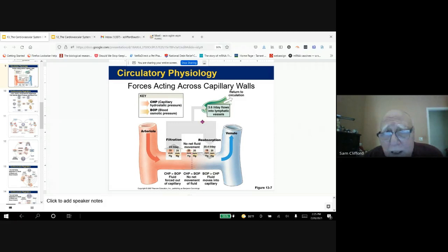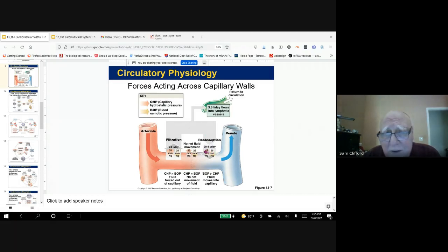When blood is pumped into the arterial end of the capillary, the high hydrostatic pressure leaves the blood pressure higher than the osmotic pressure, so fluid moves out of the capillaries into the tissue.